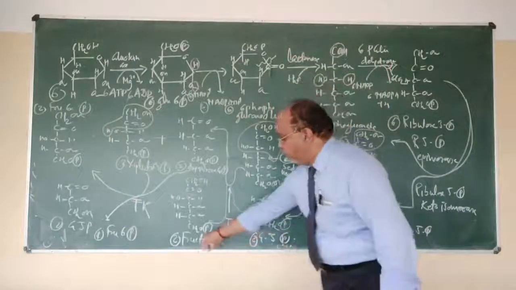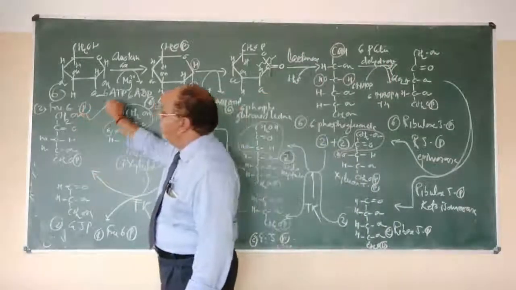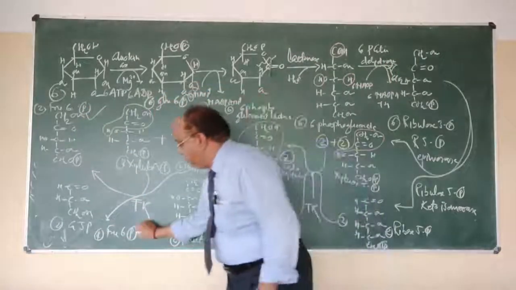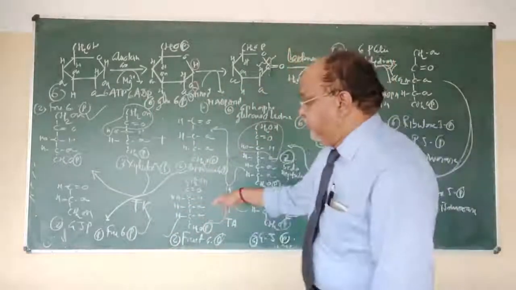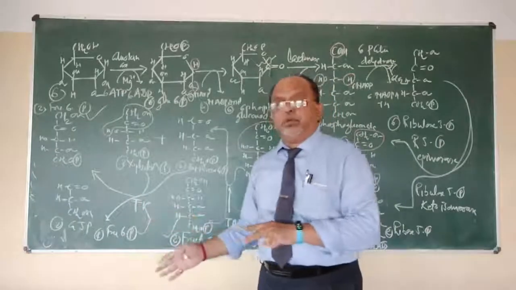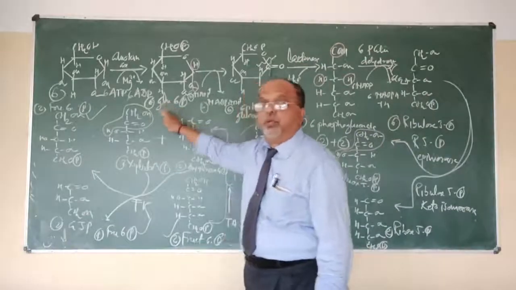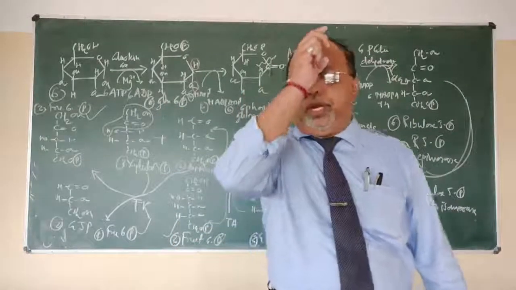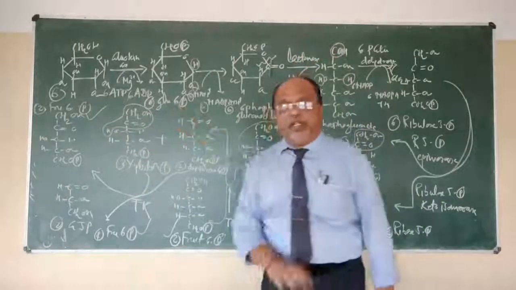So here 2 plus these 2, 4, and this one is 5. Okay, through the reversal of glycolysis, these 5 fructose 6-phosphate molecules are converted into 5 molecules of glucose 6-phosphate.